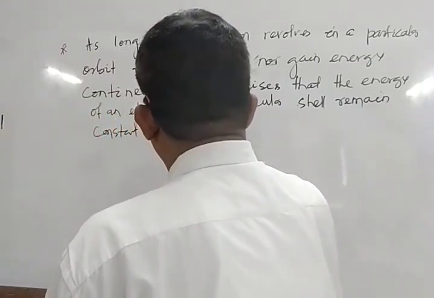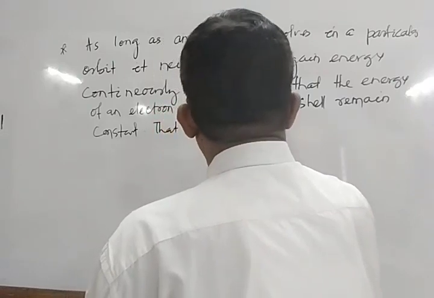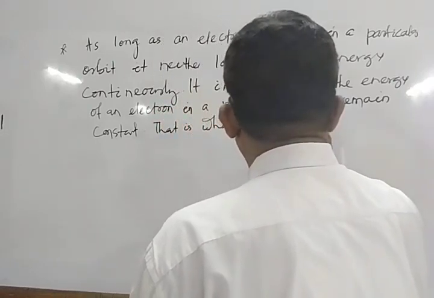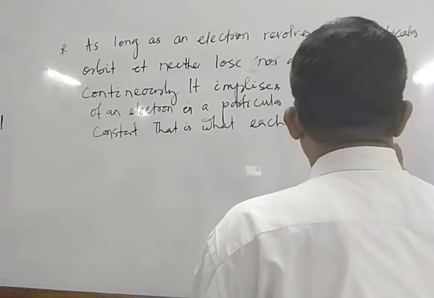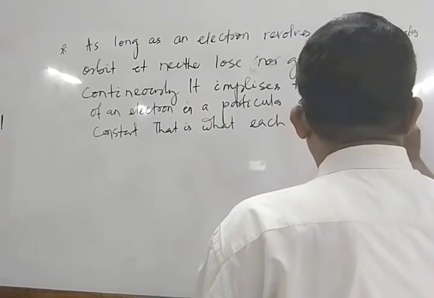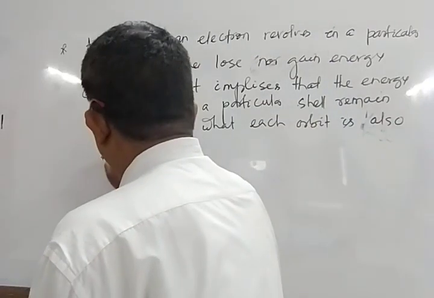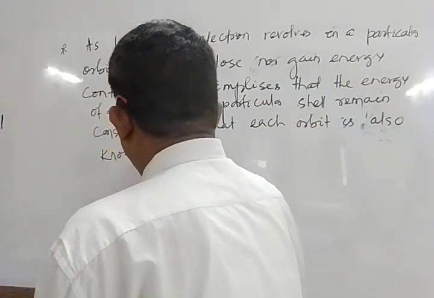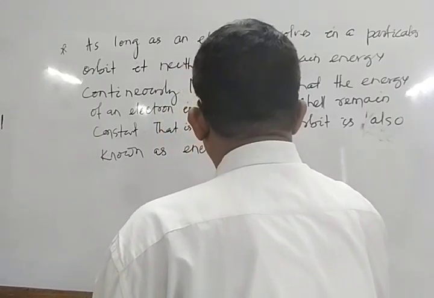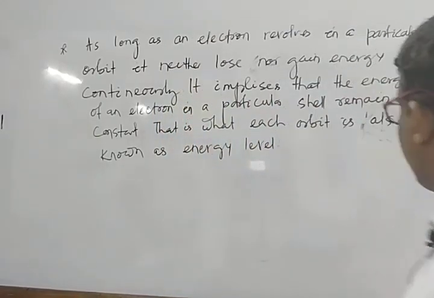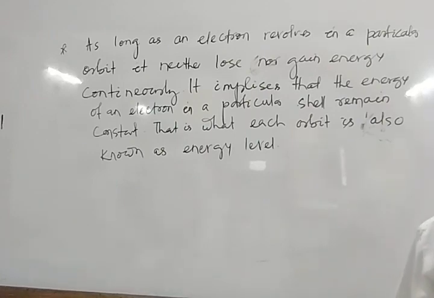That is why each orbit is also known as an energy level or energy shell.